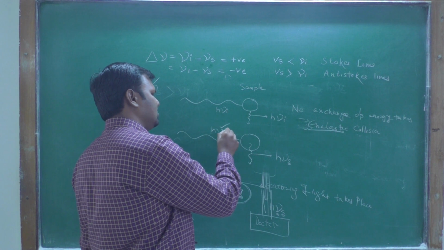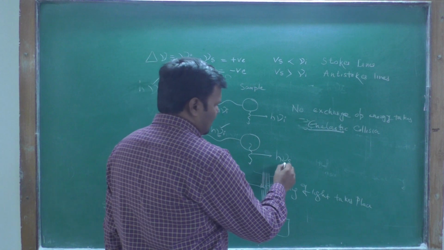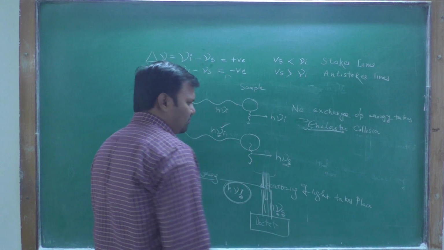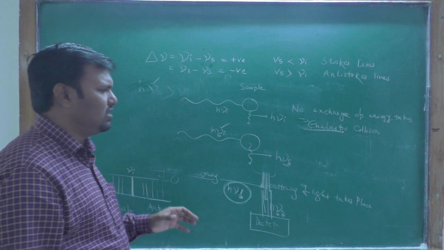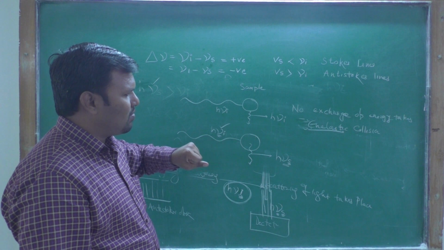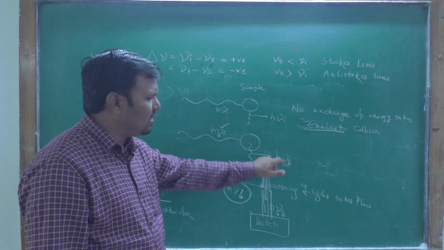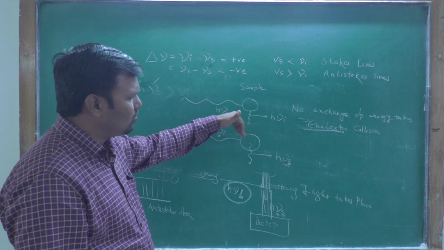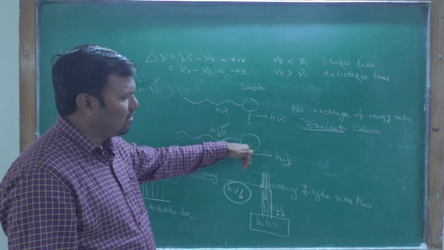At the start the frequency is h mu I, and after scattering the frequency changes. If the frequency is changed, it means some energy is absorbed by the molecule, or, if the frequency is higher, extra energy is given to the photon by the molecule.